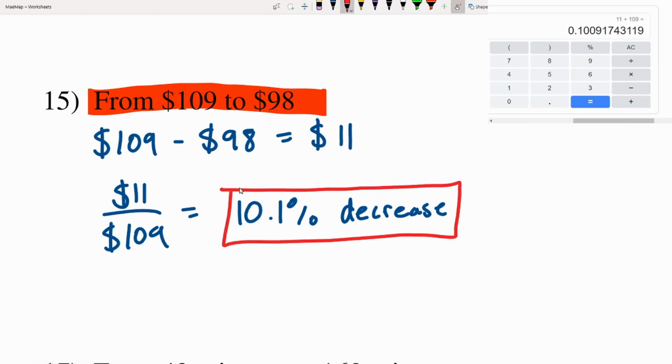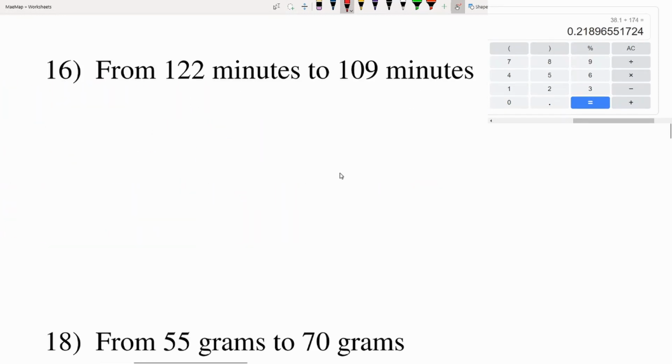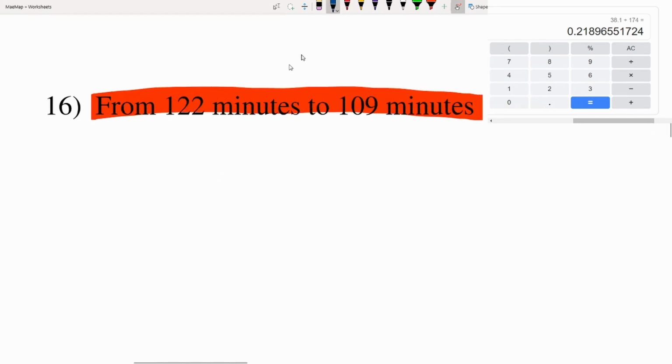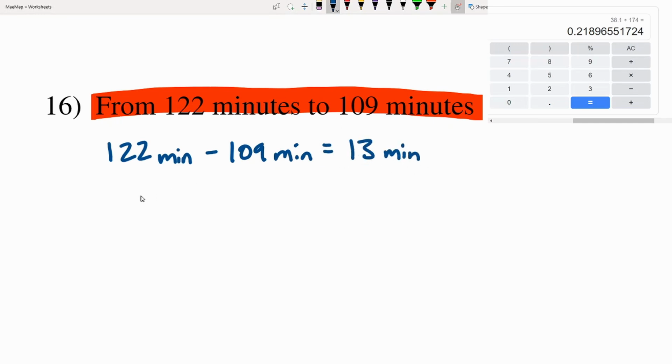Let's move on to number 16. In number 16, we're going from 122 minutes to 109 minutes. So again, this is a decrease. So 122 minutes minus 109 minutes, well, that's going to leave us with 13 minutes.